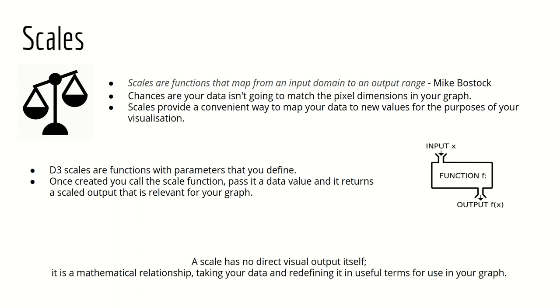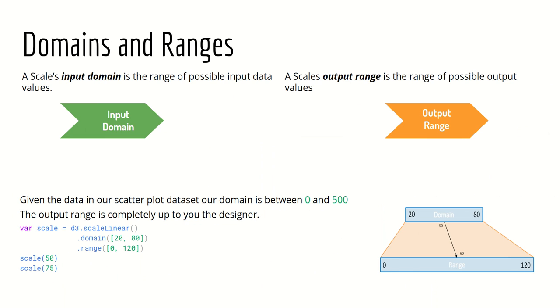A scale itself has no direct visual output. It's a mathematical relationship, taking your data and redefining it in useful terms for your graph. A scale's input domain is the range of possible input data values. A scale output range is the range of possible output values. Say, looking at the graph here, you have a domain of between 20 and 80.